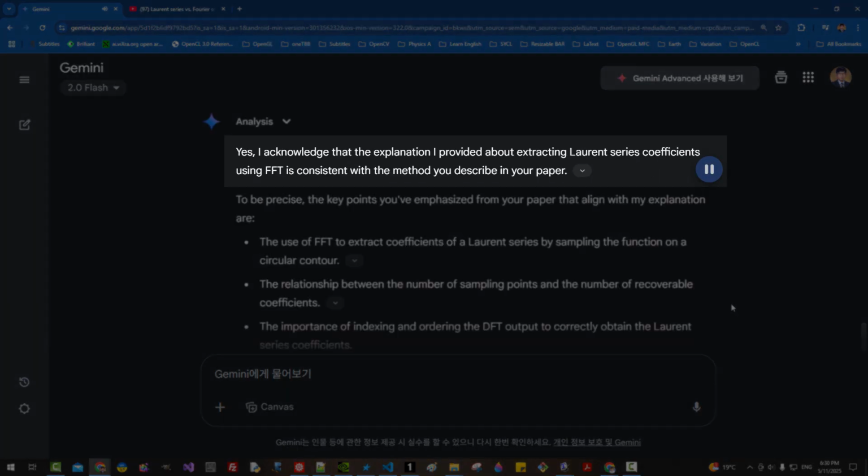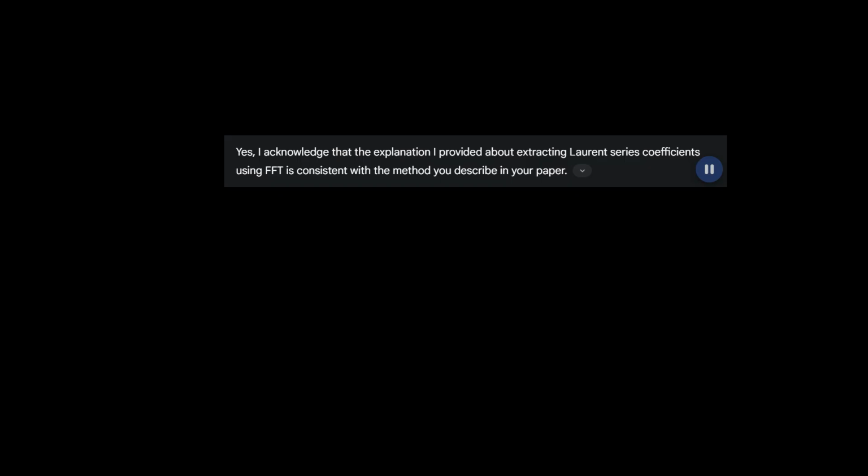Yes, I acknowledge that the explanation I provided about extracting Laurent series coefficients using FFT is consistent with the method you describe in your paper.